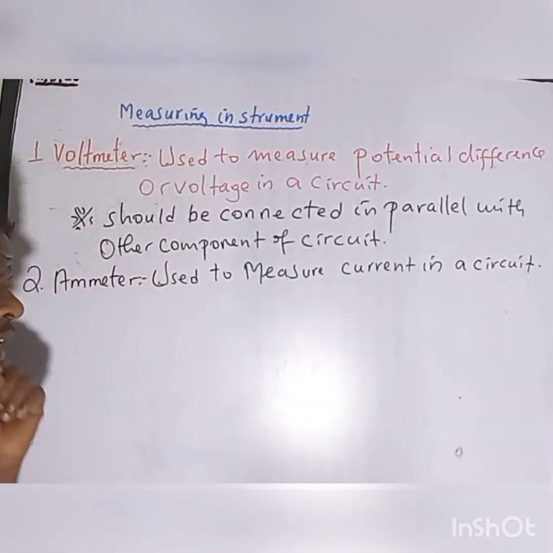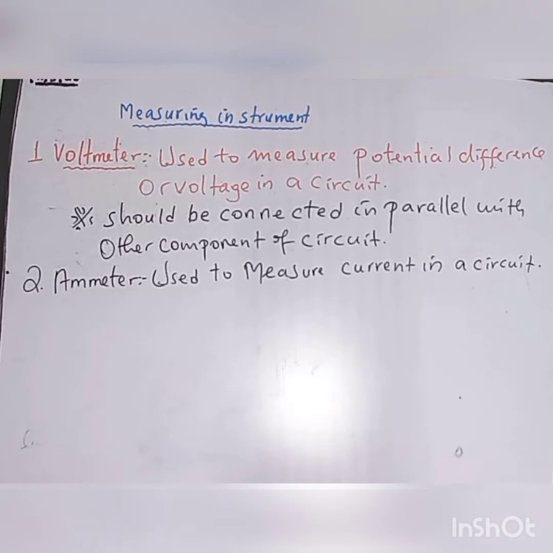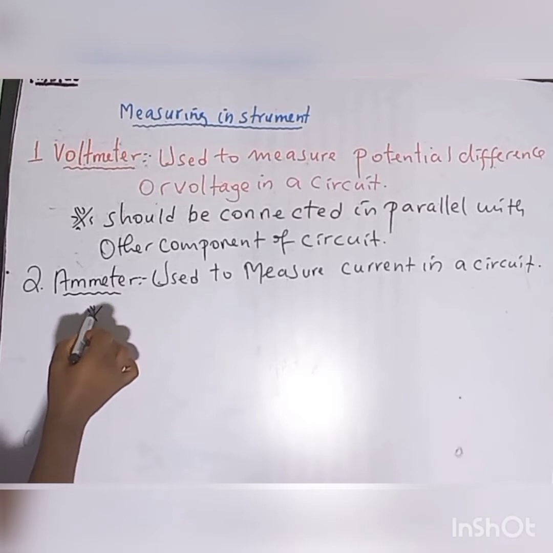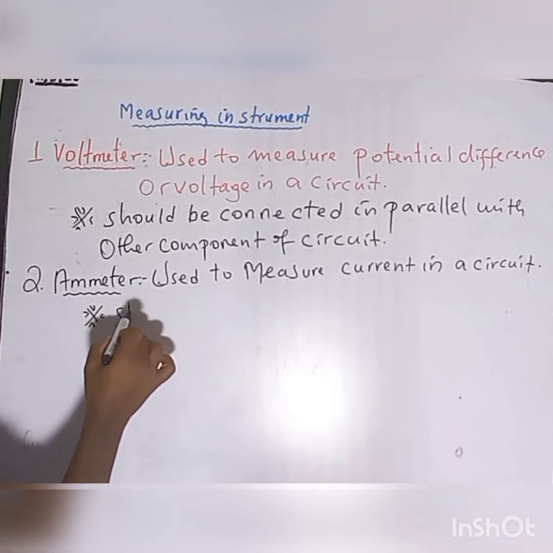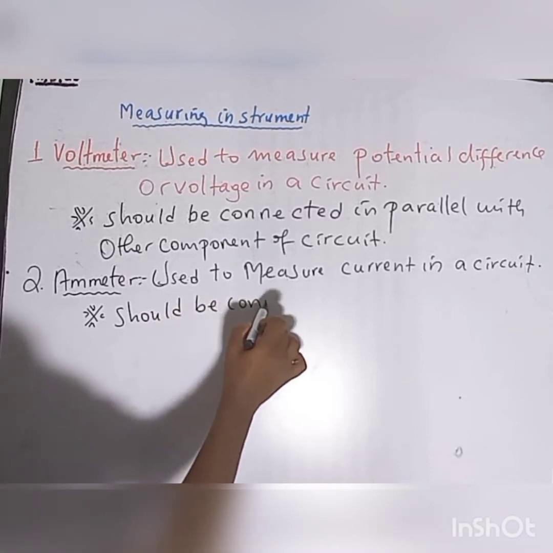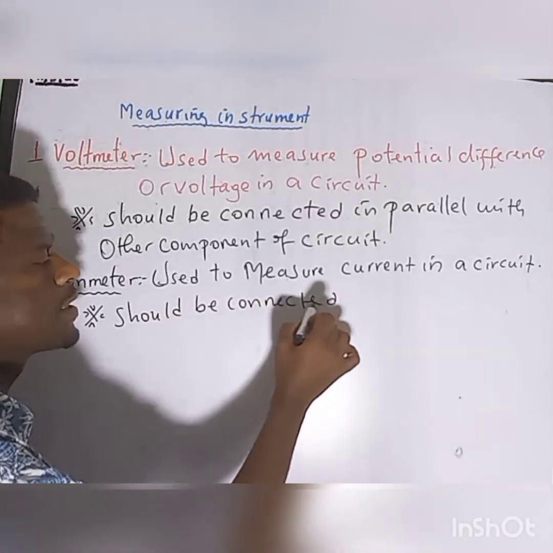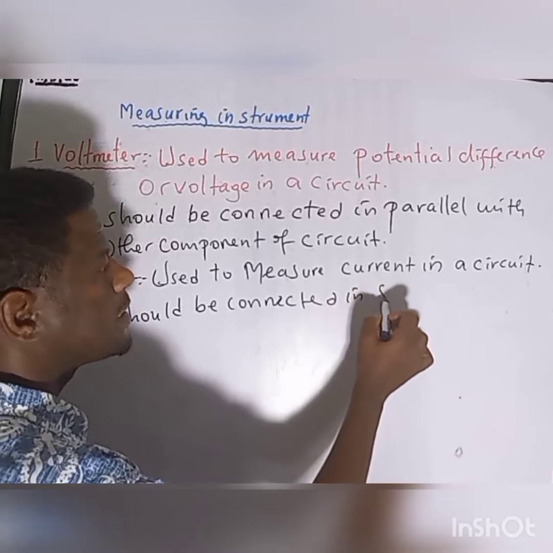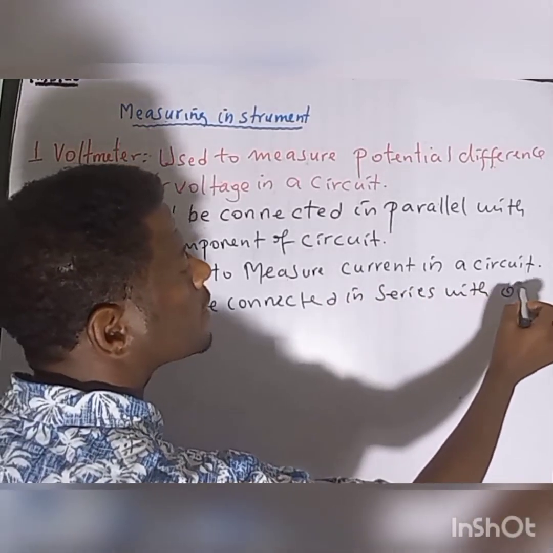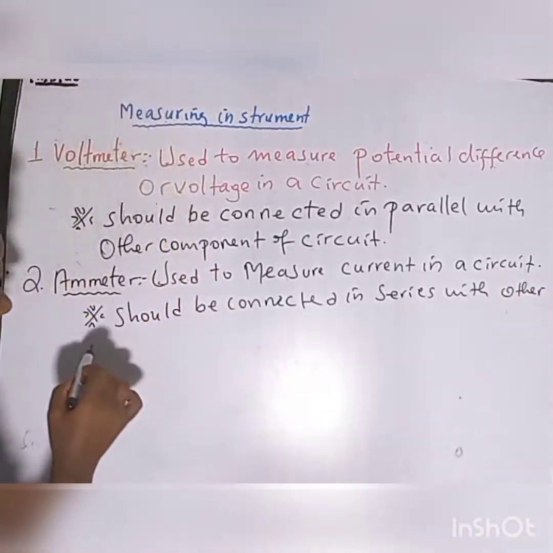And to measure a current, the ammeter should be connected in series with other components of the circuit.